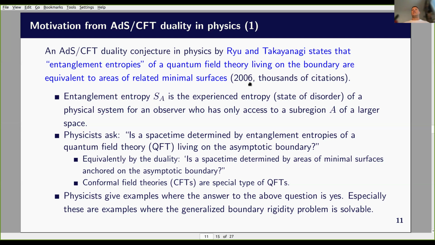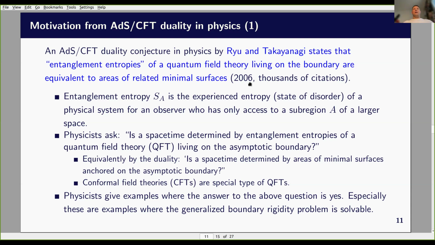It's from 2006, and their paper has thousands of citations. This is just one conjecture in this AdS/CFT duality. The original paper about the AdS/CFT duality in general was by Juan Maldacena, and that is the most cited paper in physics ever. It has tens of thousands of citations. So this is a big field in theoretical physics.